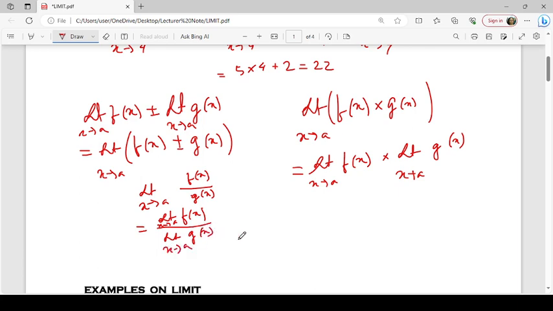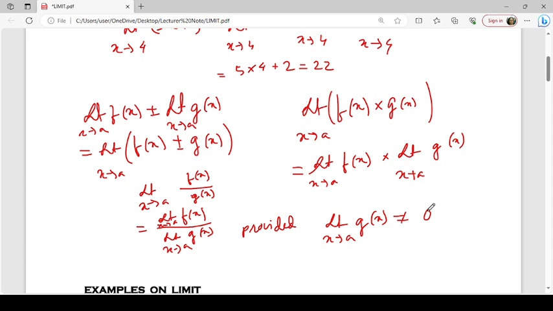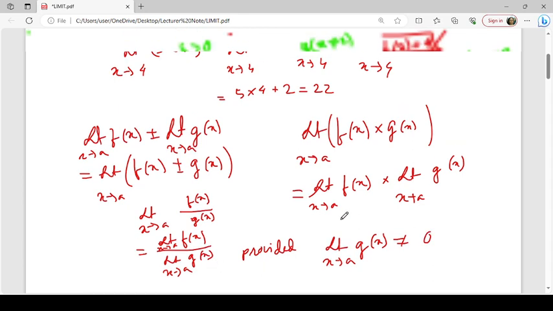One condition here: provided the limit of g(x) as x tends to a is not equal to 0. So we are applying these things here.